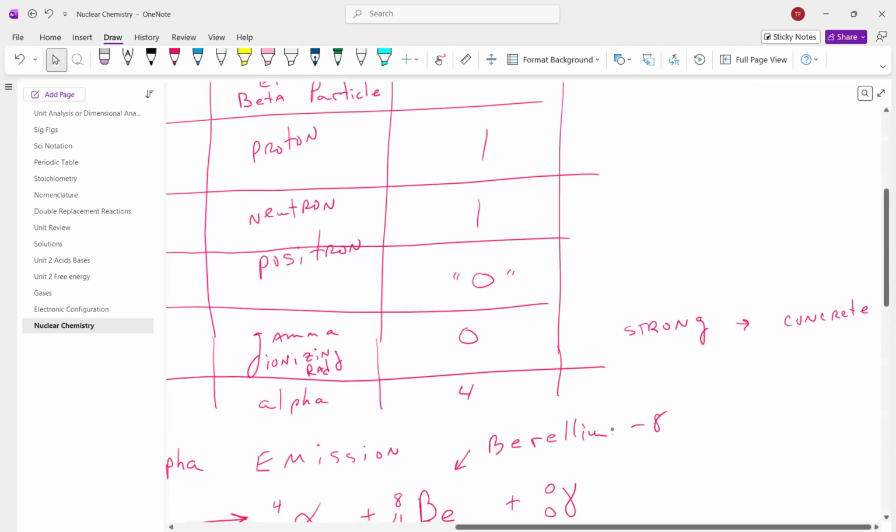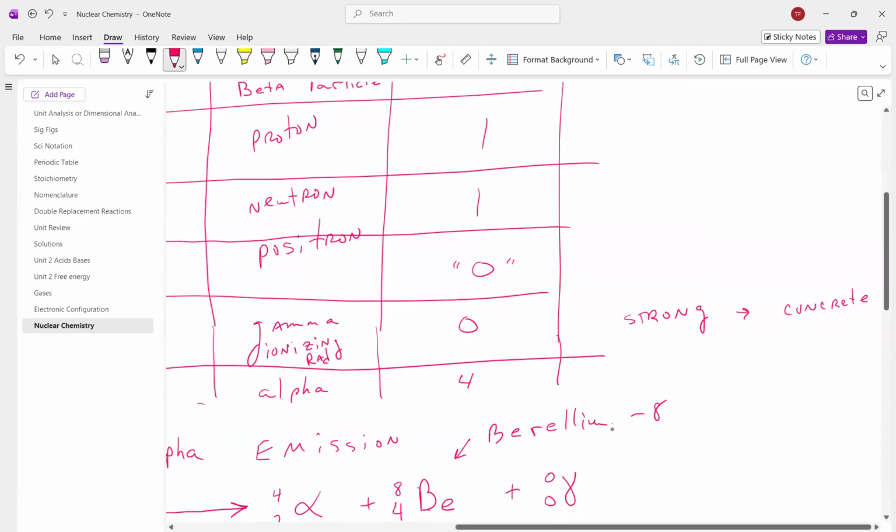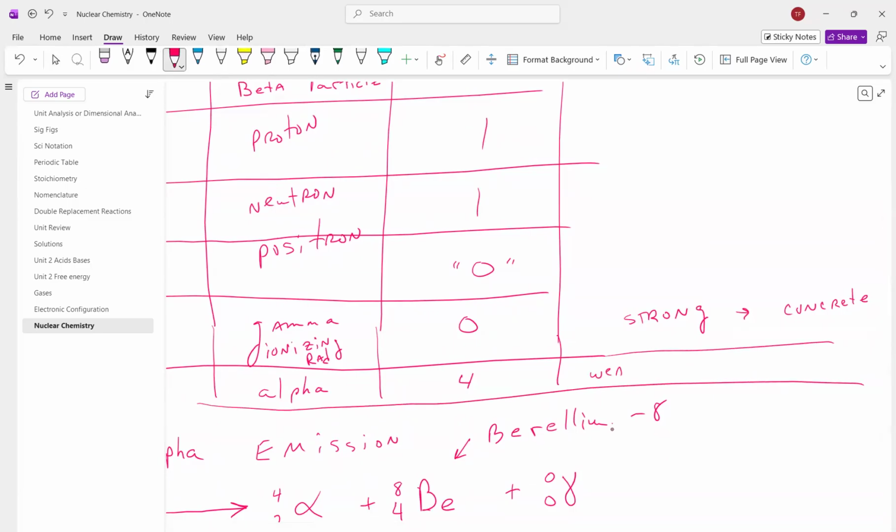Alpha is interesting. It's weak and strong at the same time. Because of its size, it doesn't go very far. It's like an 18-wheeler versus a Ferrari. The 18-wheeler is like Alpha.